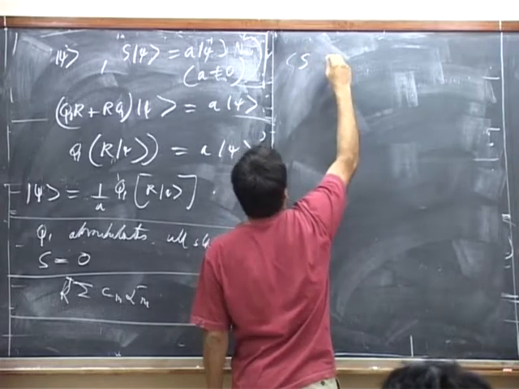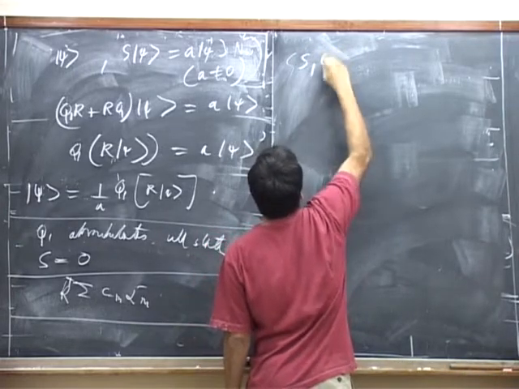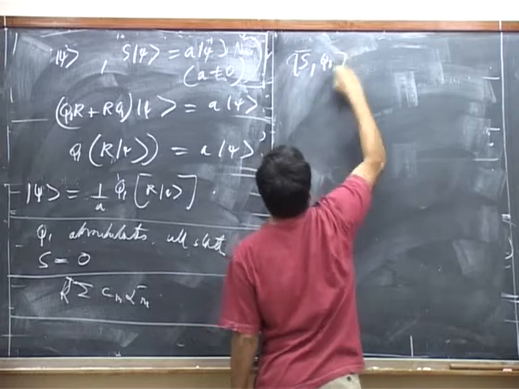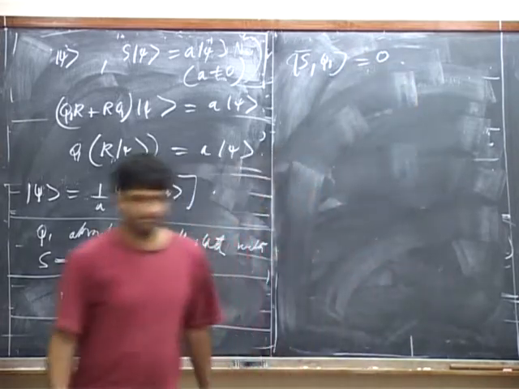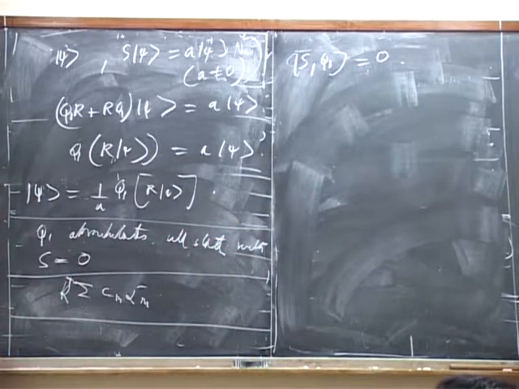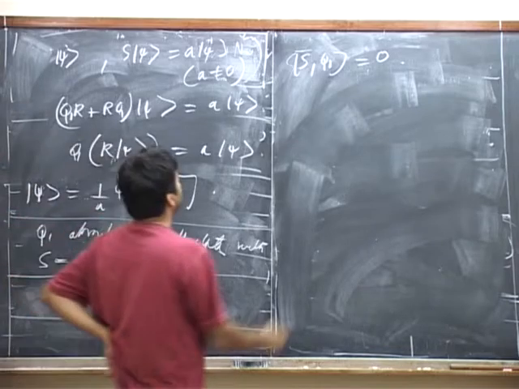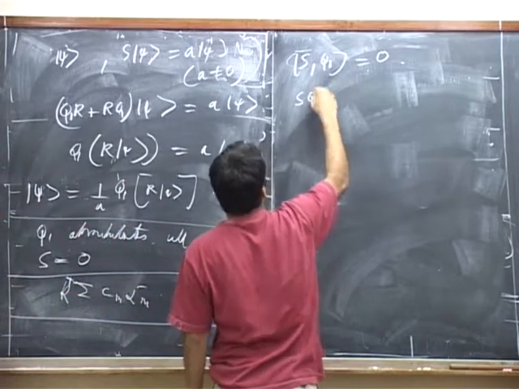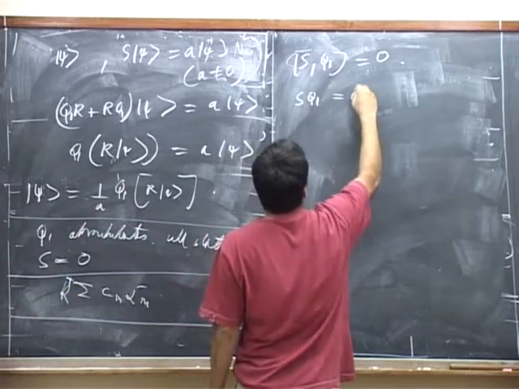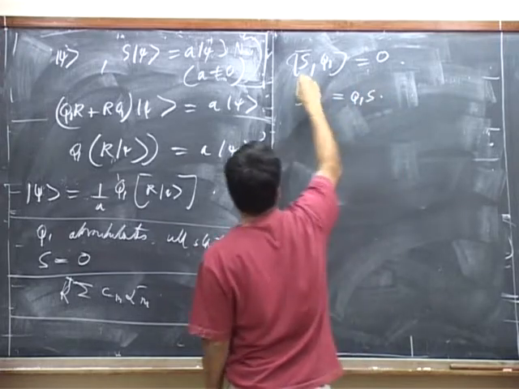The argument starts by noting that the commutator of S and Q1 is equal to 0. Okay? So, this means that SQ1 is equal to Q1S.